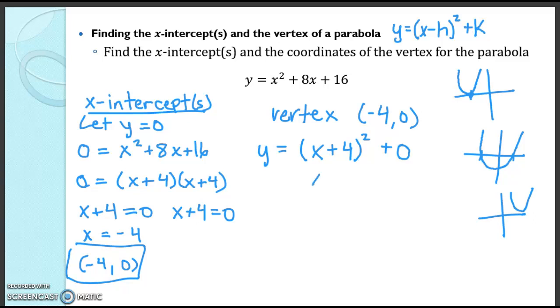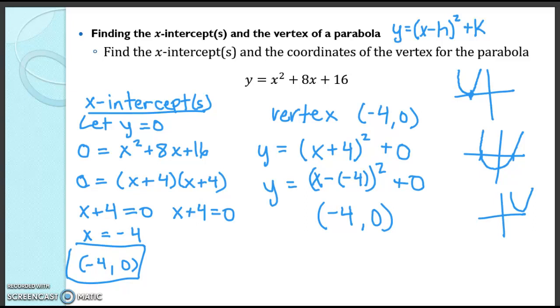So for h, remember we have to have a minus sign, so to turn the addition into subtraction, we have x minus negative 4, plus 0. So this means h is negative 4 and k is 0, and that's my vertex. That's another way to find it.